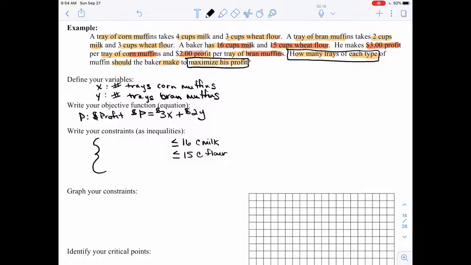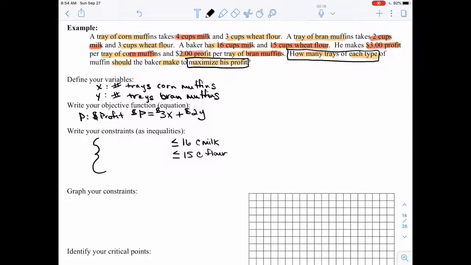Working backwards on the left-hand side for 16, let's look for milk as it relates to the corn muffin trays and the bran muffin trays. So let's highlight our milk. We have 4 cups of milk required for the corn muffins and 2 cups of milk for the bran muffins.